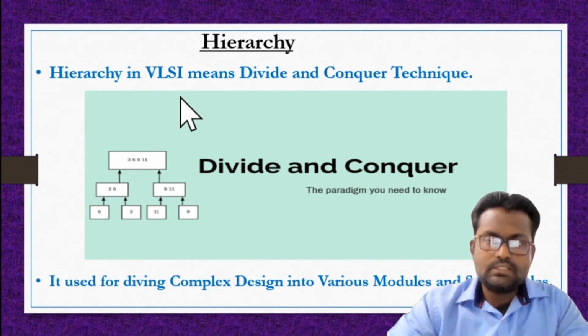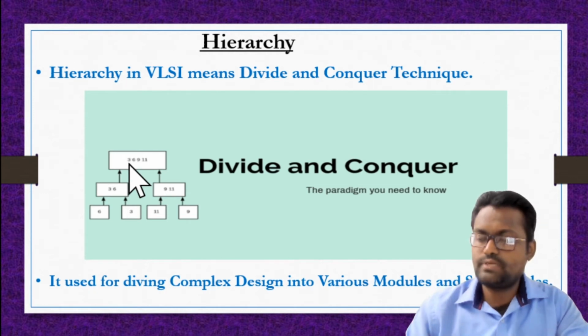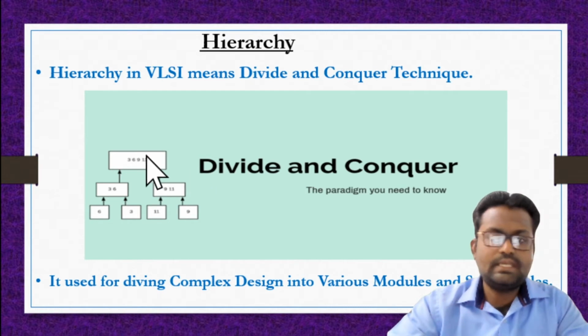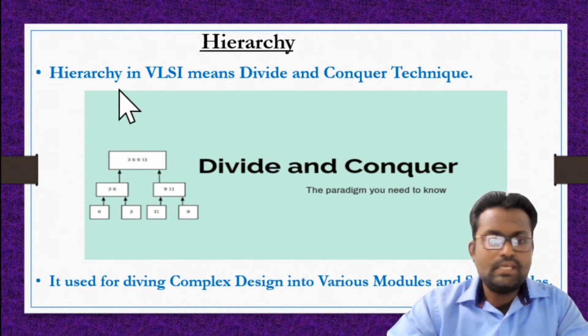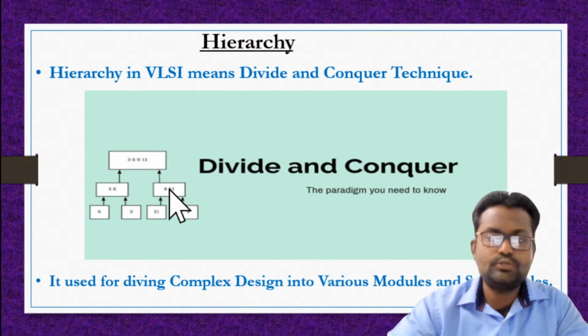To understand hierarchy in VLSI, we take an example. Suppose we take a system that is 3 6 9 11. These are the elements of the system. First we divide the system into modules, so 3 6 and 9 11 are the two modules we get when we divide the system into two parts.